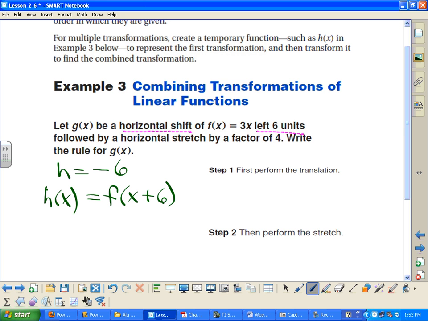It's x minus h there, and so we're going to put a negative 6 for h, which makes it x plus 6. So that means we're going to do 3 times the quantity x plus 6. So our first transformation, h of x, will be 3x plus 18.